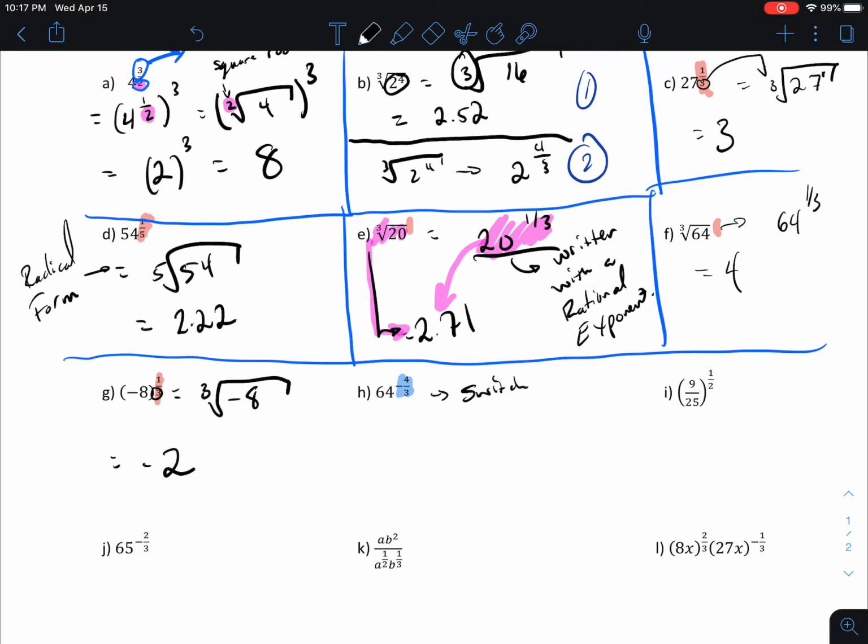So we'll switch this to radical form. Okay. And so what I'm going to do is go 64. I'm going to rewrite the base, and then the 3 is going to go in the hook, right? The 3 is going to go in the hook. And then I'm going to have the -4 here.